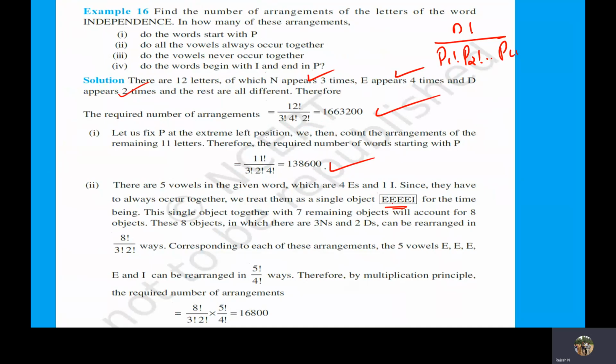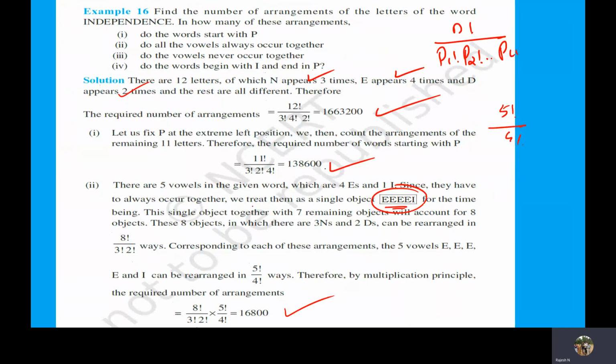So 7 plus 1 is 8. These 8 objects can be arranged in 8 factorial by 3 factorial into 2 factorial. But the vowels EEEEI can be arranged among themselves in 5 factorial by 4 factorial ways. So by the fundamental principle of counting, the answer is 8 factorial by 3 factorial into 2 factorial into 5 factorial by 4 factorial.